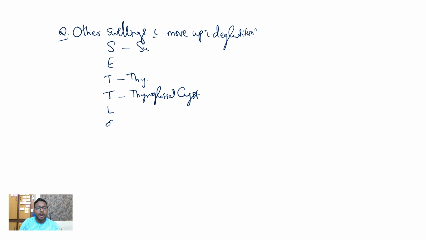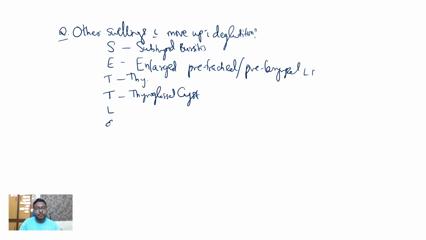S for subhyoid bursitis. E for enlarged pretracheal or prelaryngeal lymph node. Then L for laryngocele. Rarely you can have this. Last E is ectopic thyroid. These are the swellings which will move with deglutition.